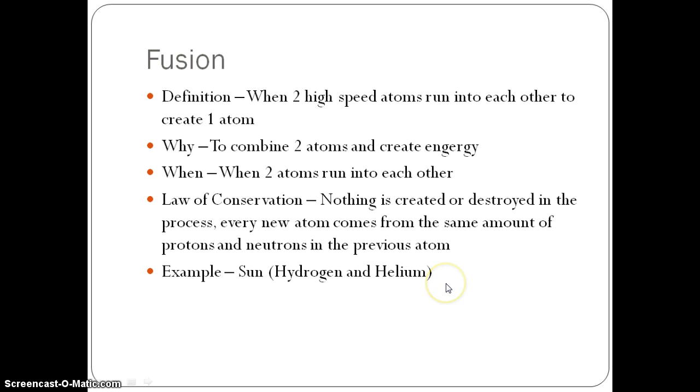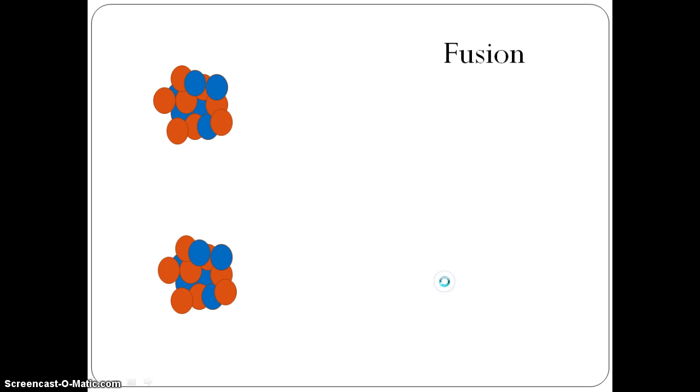Now here will be a stop motion of how fusion works. So as you can see, we start off with two high-speed atoms. Now let's say that the top one, right here, is the helium inside the sun, and this bottom one will be the hydrogen.